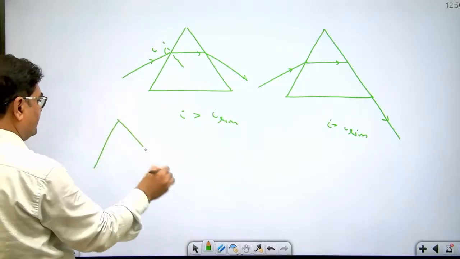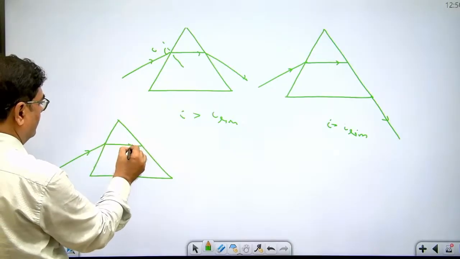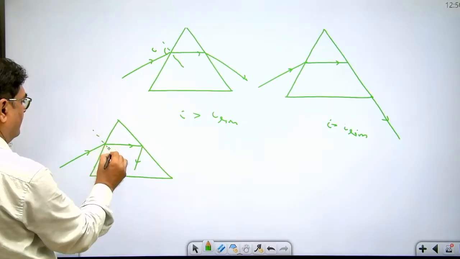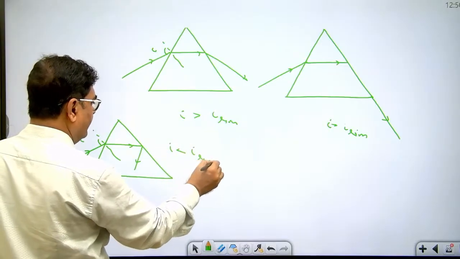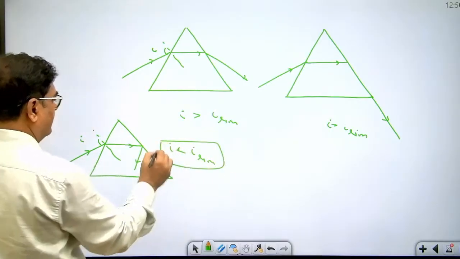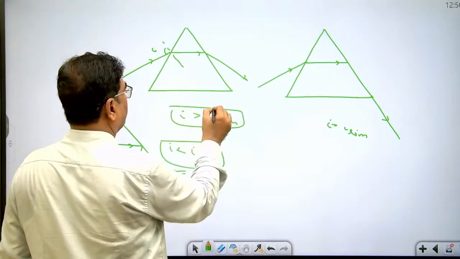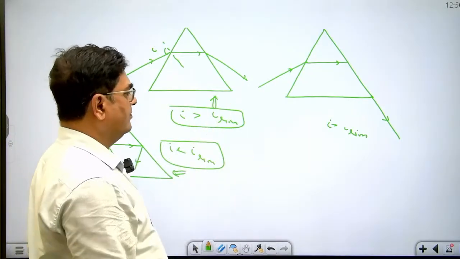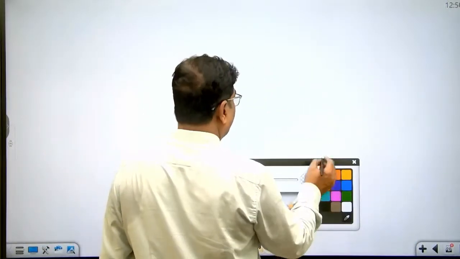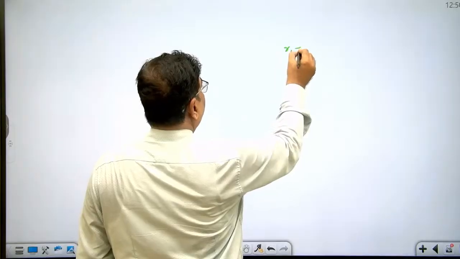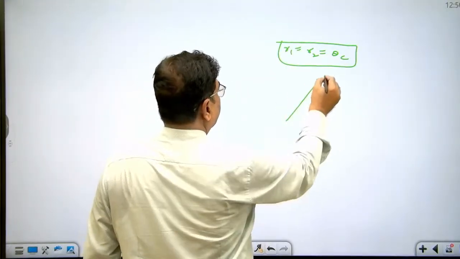And this is the situation when I remains less than I limiting. One more important thing: when R1 equals R2, both equal to the critical angle, then this is the situation.